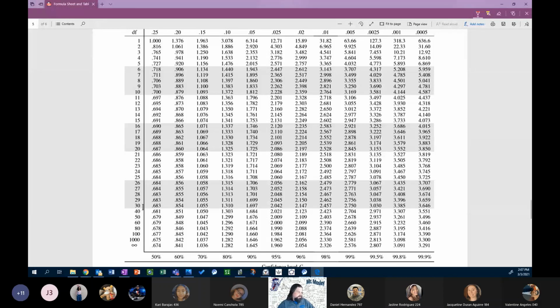It goes 30 or 40. I can't go over, so we're going to use 30.